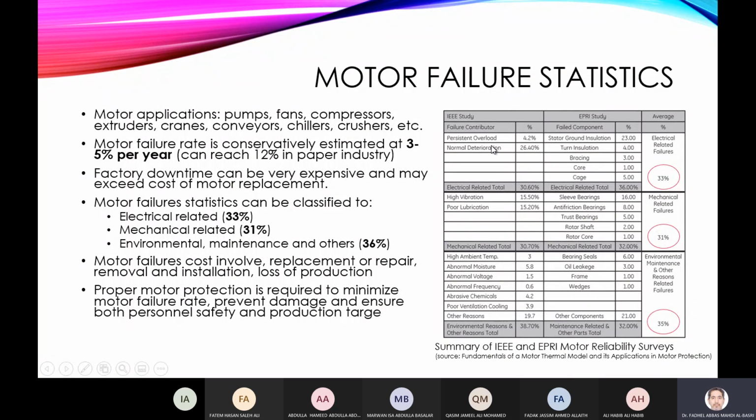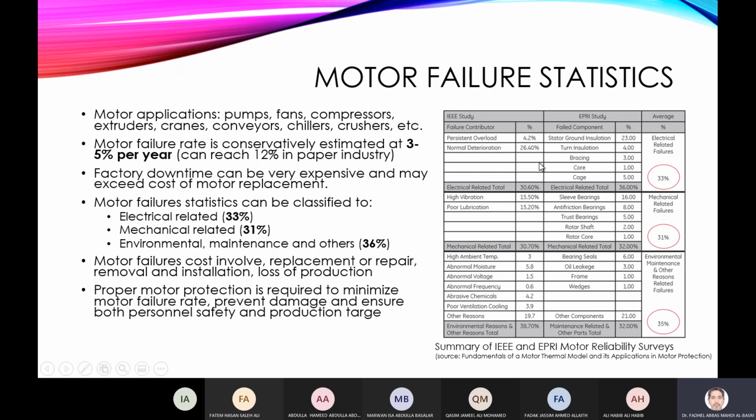Mechanical, so these are the mechanical parts, probably like bearings and shaft, and so forth. The environmental related could be oil leak or frame or bearing seals, all of this.